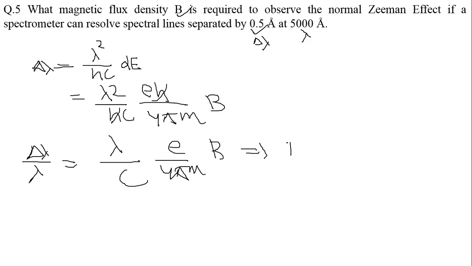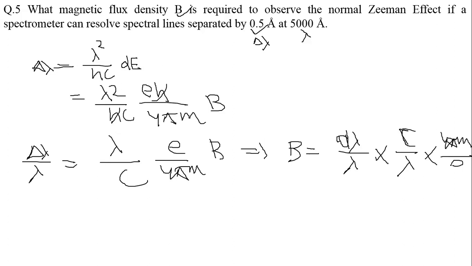Then what will be the value of B? B will be delta lambda by lambda into c by lambda into 4 pi m by e.